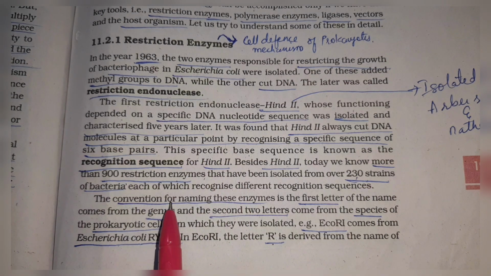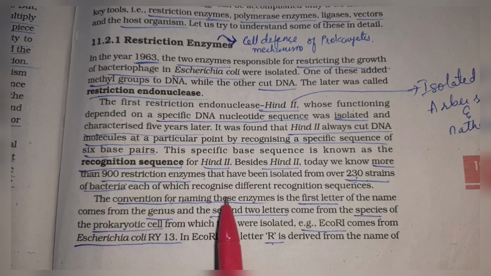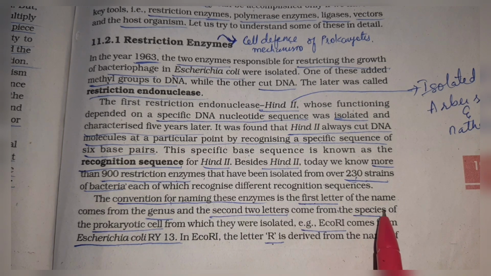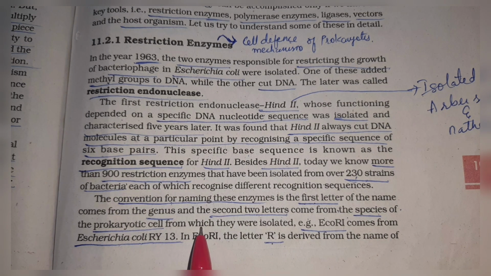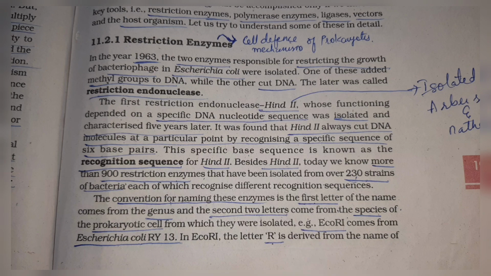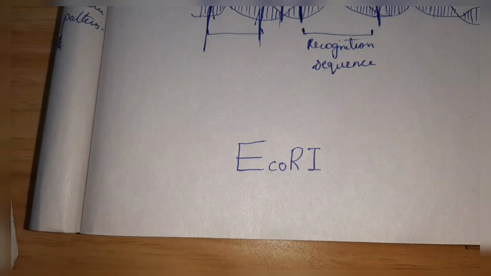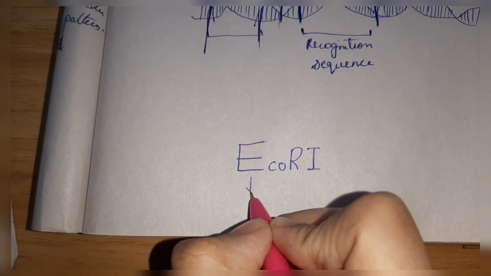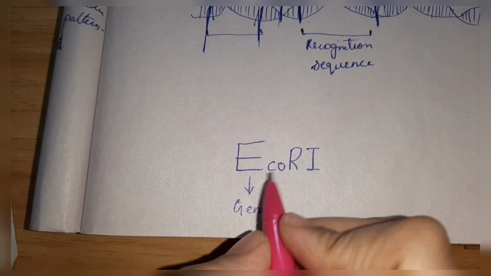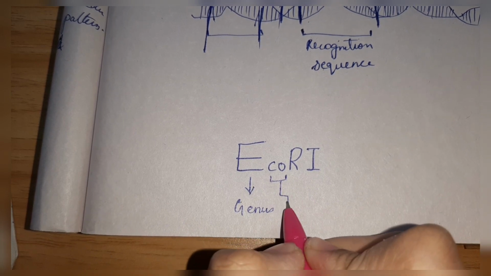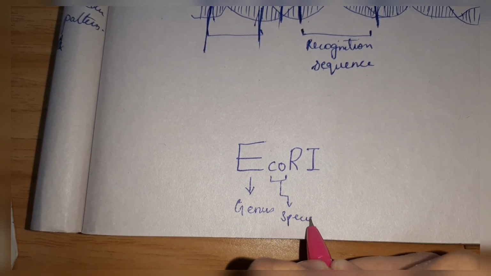The convention for naming these enzymes is that the first letter of the name comes from the genus and the second two letters come from the species of the prokaryotic cell from which they are isolated. For example, EcoRI. This is the name of a restriction enzyme. The first letter E comes from the genus. The second two letters are the species.